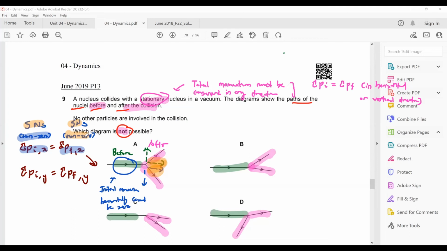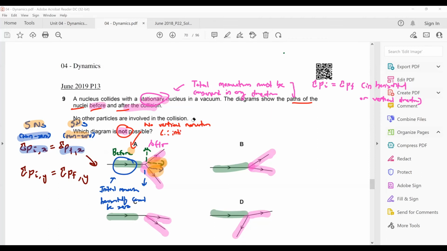So far you get up to this point. But now if I look at it in the vertical direction, the y direction, is there any momentum vertically before collision? If you look at this case here, there's only horizontal motion. There's no vertical momentum, right? So I know that there is no vertical momentum. Therefore, initial vertical momentum is zero.